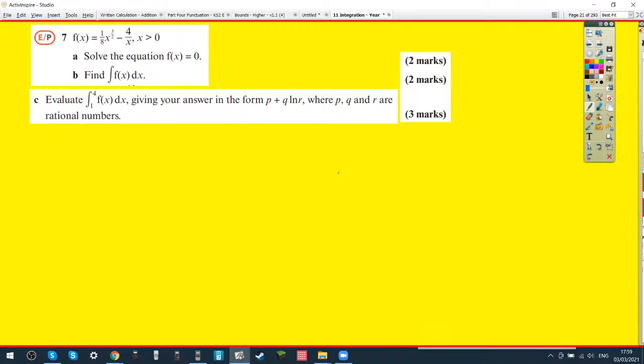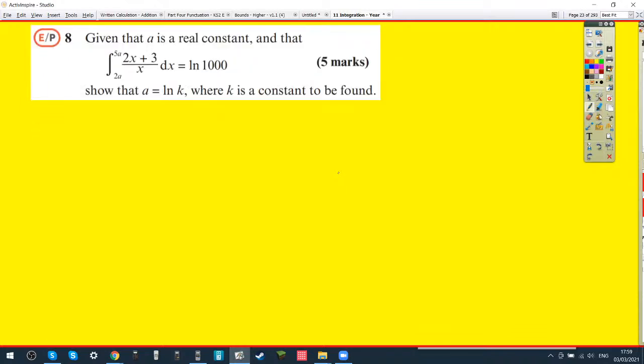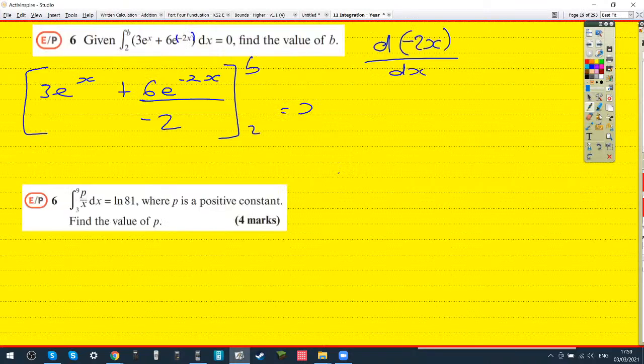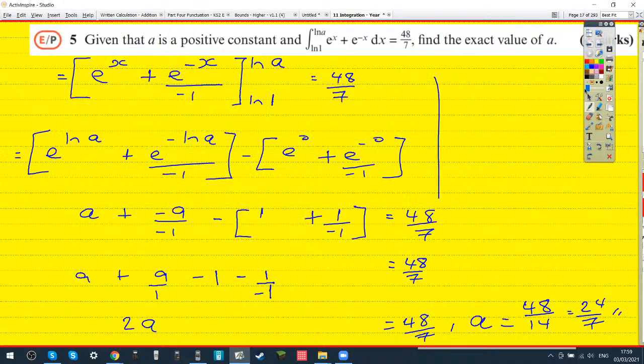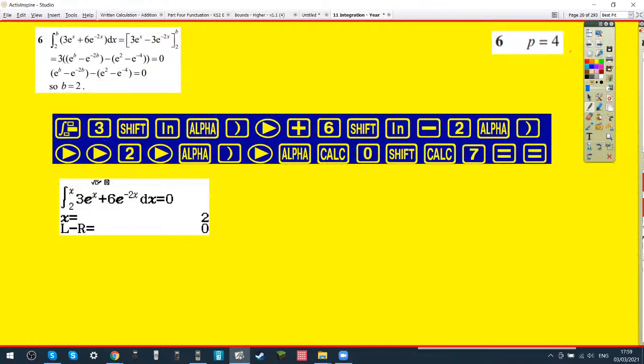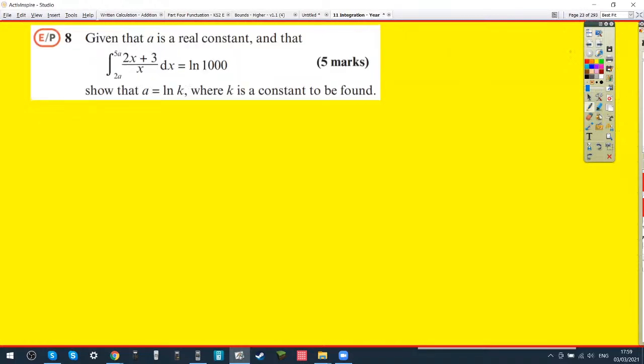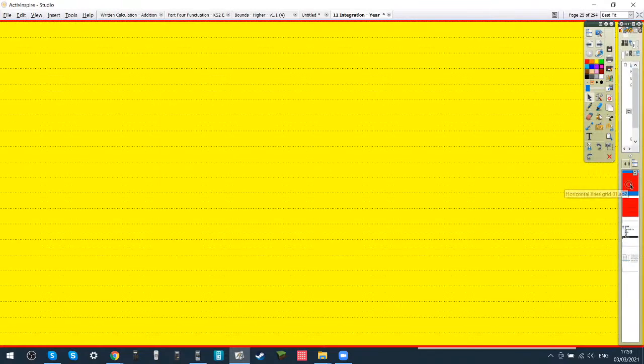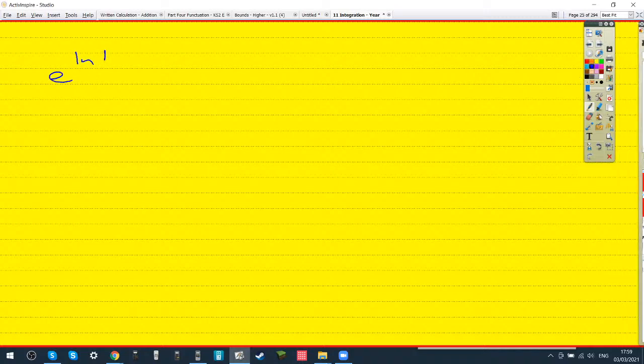Solve this equation. That ln one, I need to move to the end or something. Let me make a note of that. This one is a much trickier one. Let me just quickly do some stuff. e to the ln b.